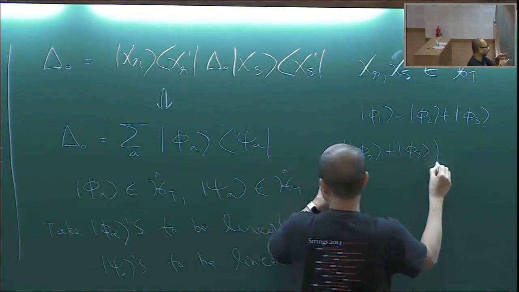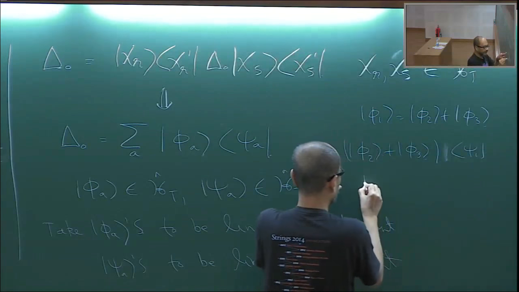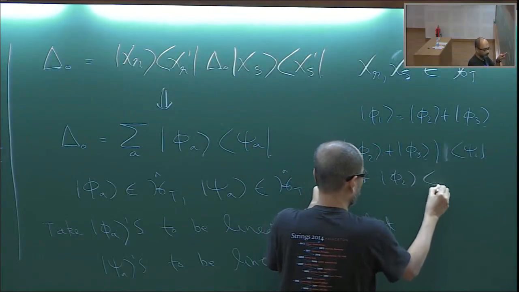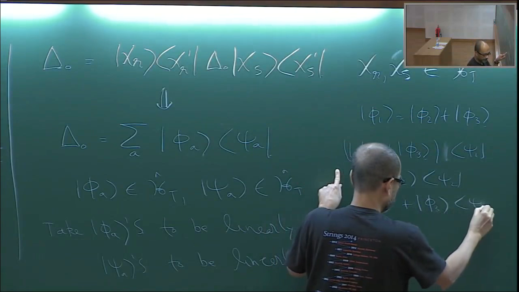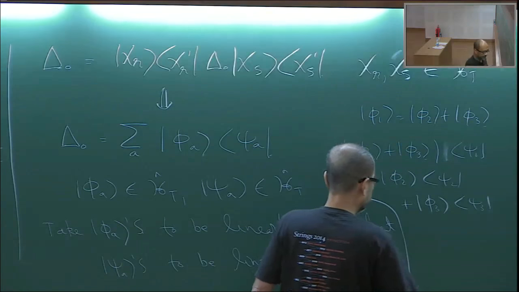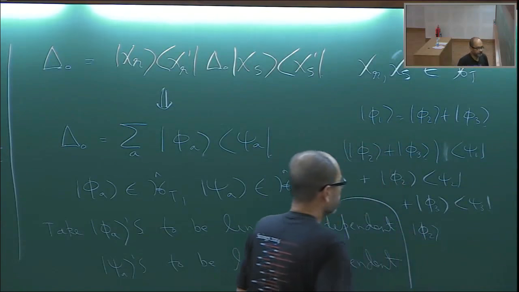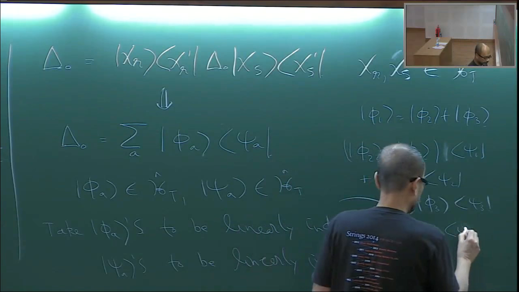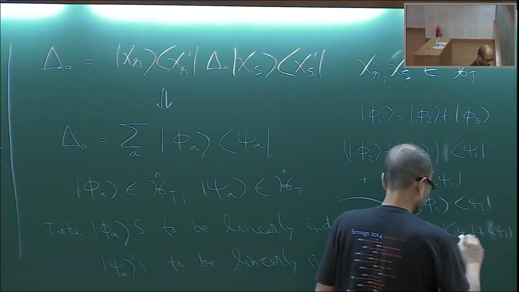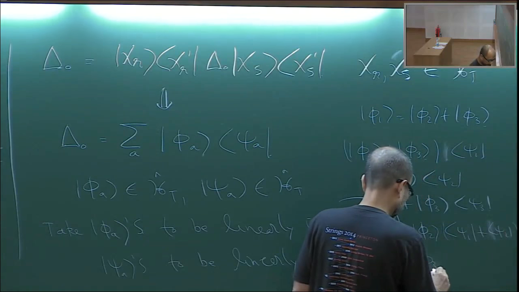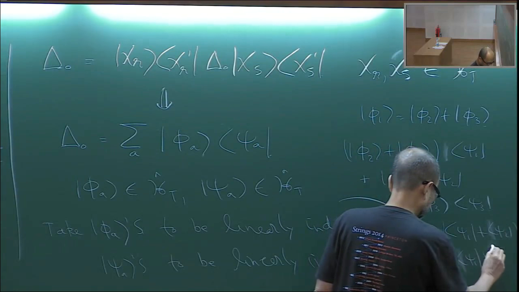Let's suppose that you have only 3 states, times psi 1, plus phi 2 psi 2, plus phi 3 psi 3. And this we can now organize slightly better: phi 2 times (psi 1 plus psi 2) plus phi 3 times (psi 1 plus psi 3).